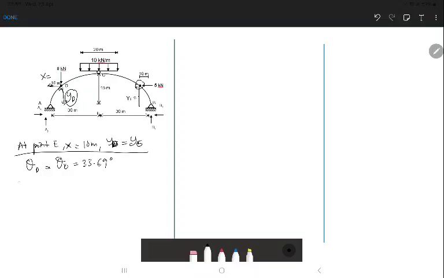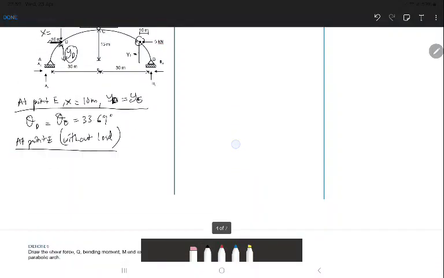Then you have to do at point E without load first. Without load. Okay. So you get, by bx.